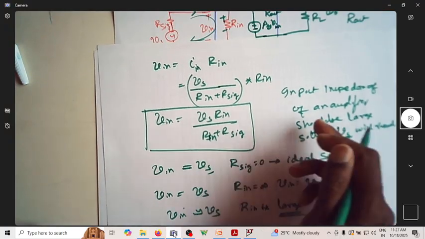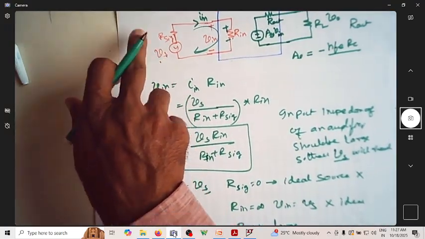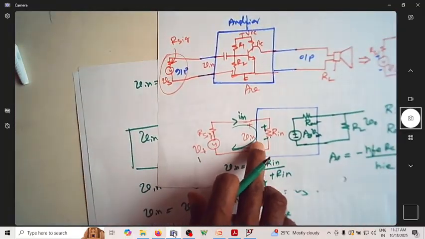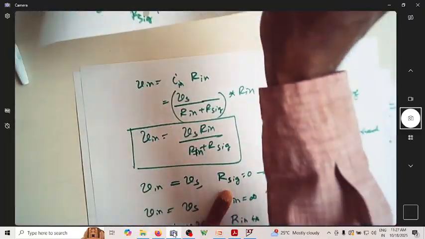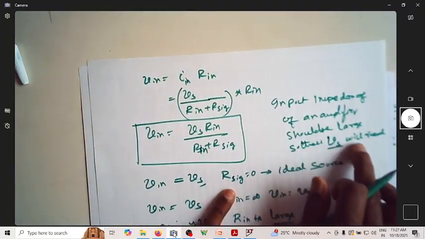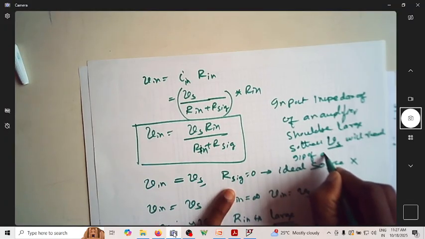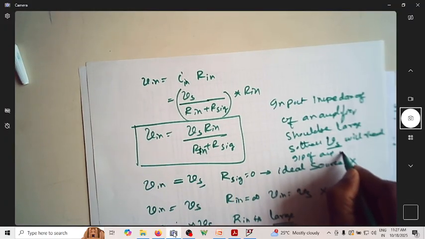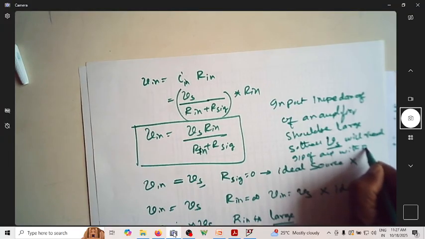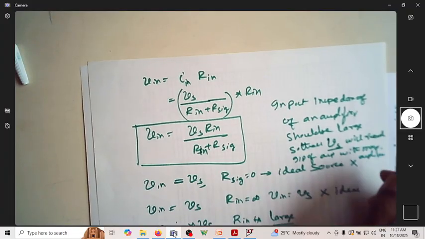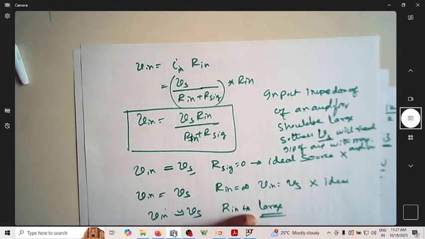What is this Vs? Vs is the source voltage. This entire voltage will reach here if this is large, so that Vs will reach the input of the amplifier with maximum amplitude.